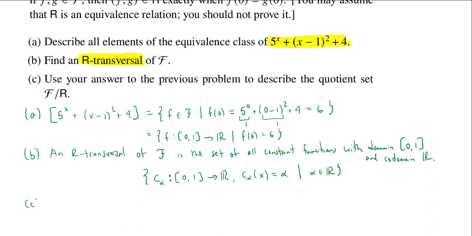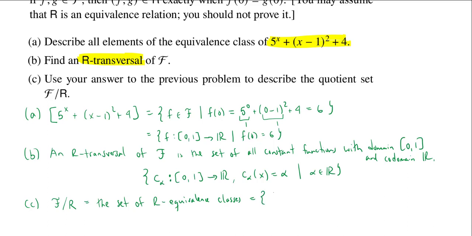So when I go to write down my quotient set, this is going to be, again, the set of all equivalence classes, or of all R equivalence classes. And I can just use these constant functions as my representatives.